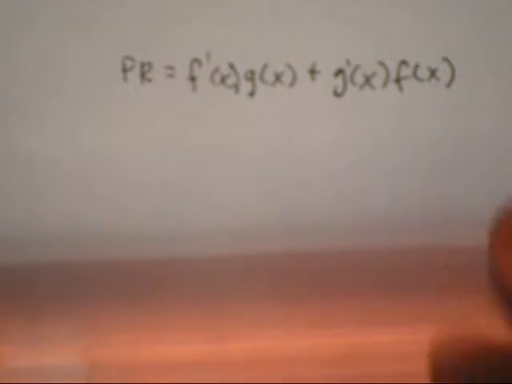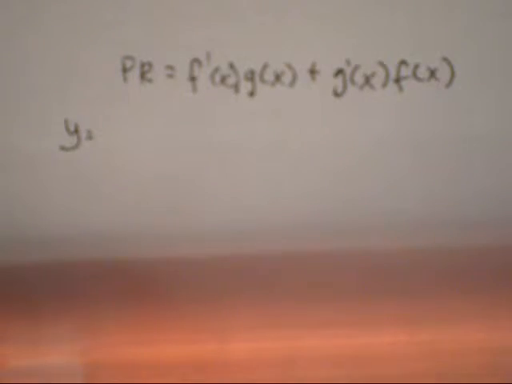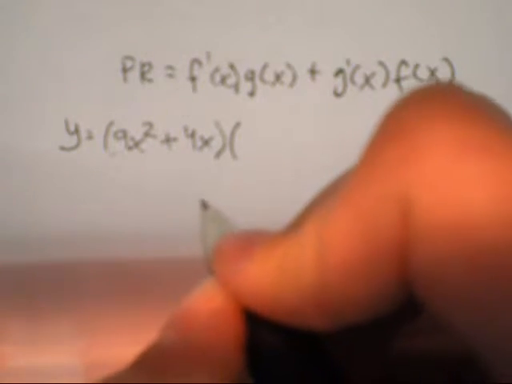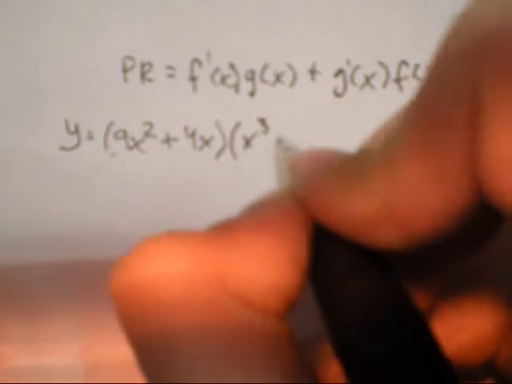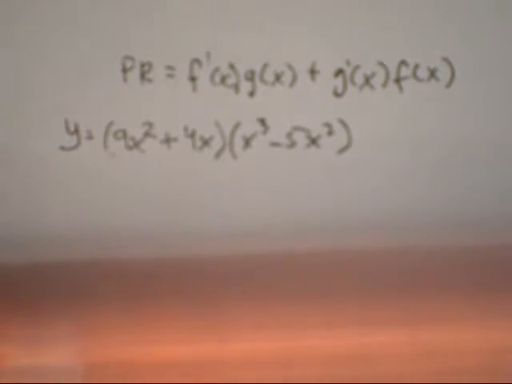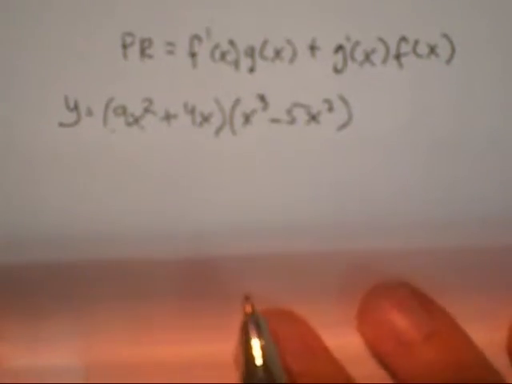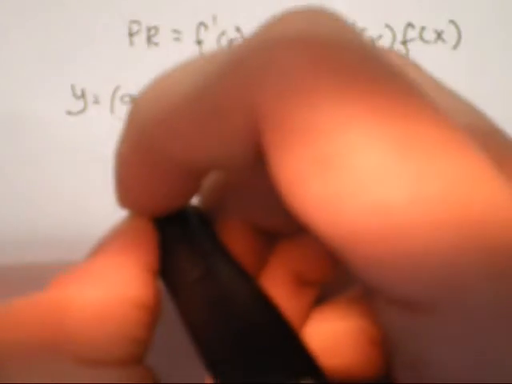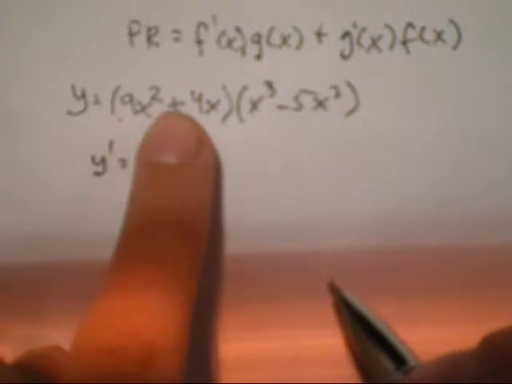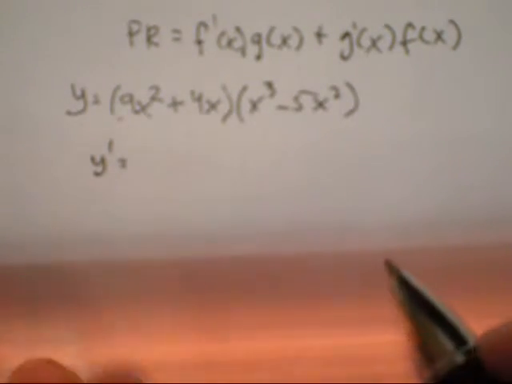Okay, and let's look at an example where y equals 9x squared plus 4x times x cubed minus 5x squared. So this is a little bit more complicated, and you don't want to have to distribute everything and multiply. So what we're going to do is y prime equals, so this is going to be our f of x and this is going to be our g of x.